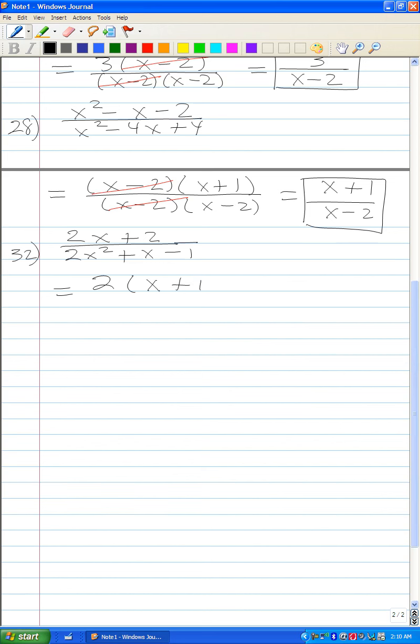What's in common is 2. What remains is x plus 1. I can factor the denominator. Well, this is not monic, but it factors easily into 2x minus 1 times x plus 1. The x plus 1's cancel. And so we have 2 over 2x minus 1.